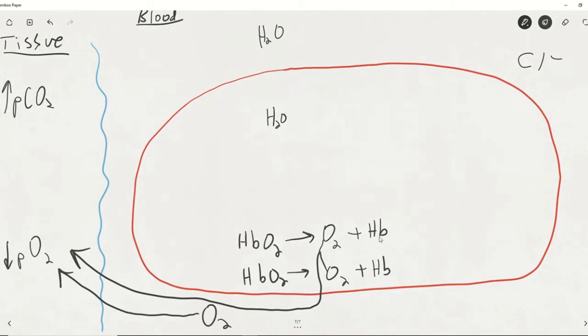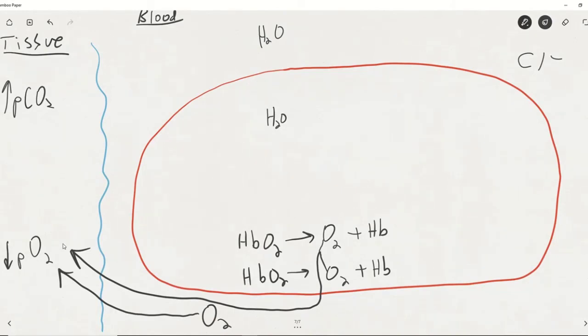The oxygen breaks off from the hemoglobin, and that oxygen diffuses out of the blood and into the tissue down its partial pressure gradient. So let that sink in. And now we're going to look at what happens to the carbon dioxide. If the oxygen isn't making sense yet, pause the video, maybe rewatch that part a couple of times before watching the CO2 part.